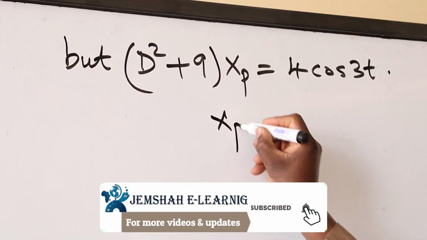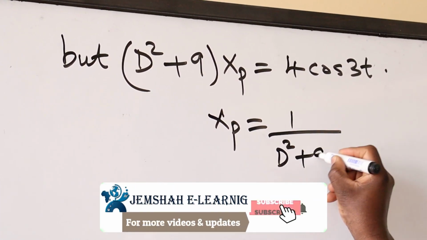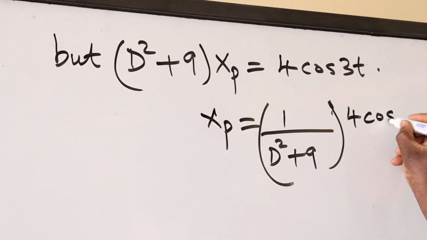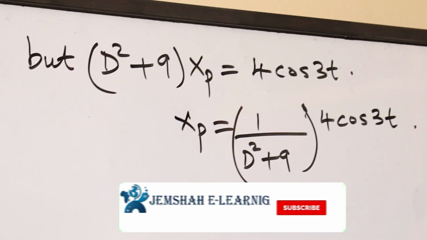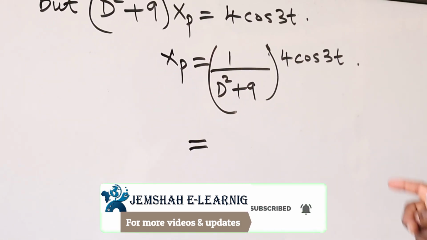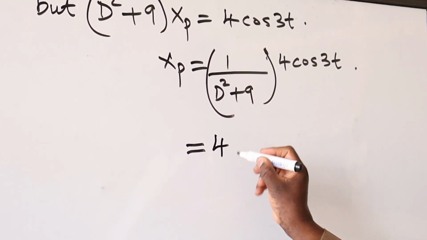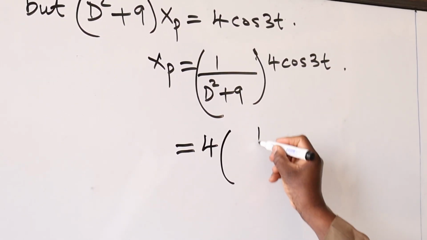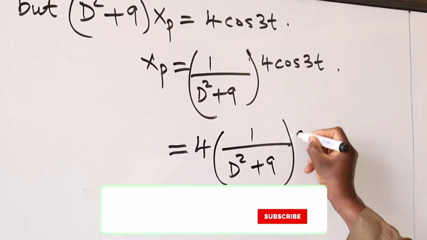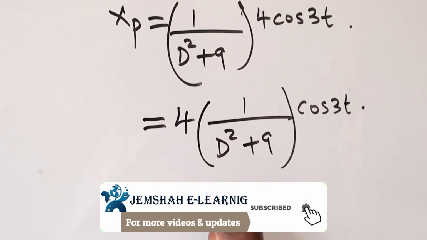So our xp will be equal to 1 all over D squared plus 9 multiplying 4 cos 3t, which will be equal to, this 4 will come outside, since it is a constant and will pass the operator, 4 times 1 over D squared plus 9 multiplying cos 3t.